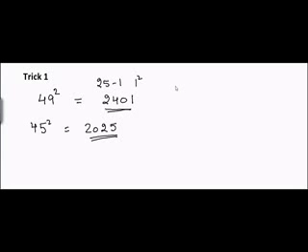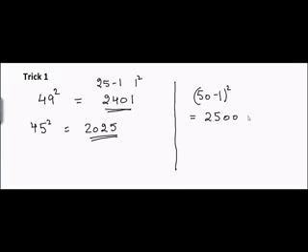It's very easy. For 49, suppose I'm saying 50 minus 1 whole square, that will be equal to 2500 plus 1 square minus 100. So as you can see, this is where the 25 comes from, and this is where the square comes from.